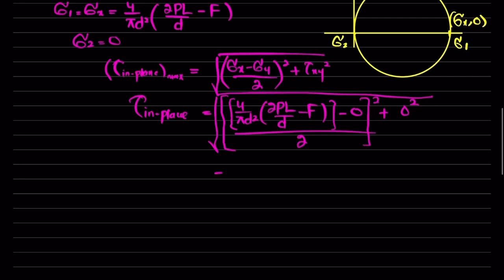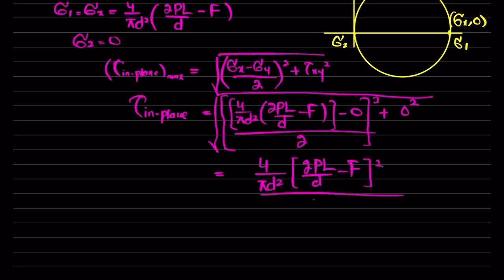Again, when you calculate, this will be again equal to 4 over pi d square into 2pl over d minus f whole square divided by 4 under the root. This will be included over here in square.